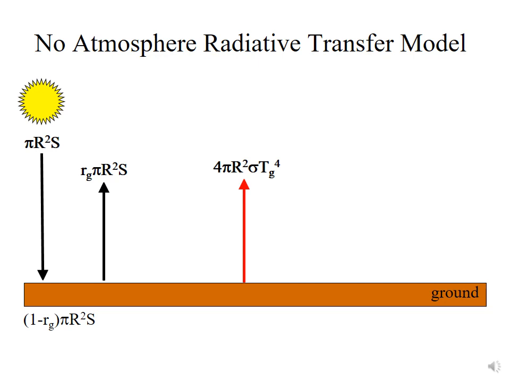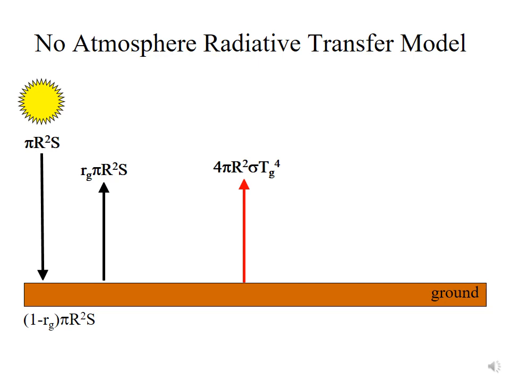And on the right, with the red arrow, we have the long-wave radiation balance. The long-wave radiation is radiation that's being emitted by the ground to space. Since there's no atmosphere, all of the radiation emitted by the Earth goes directly to space.